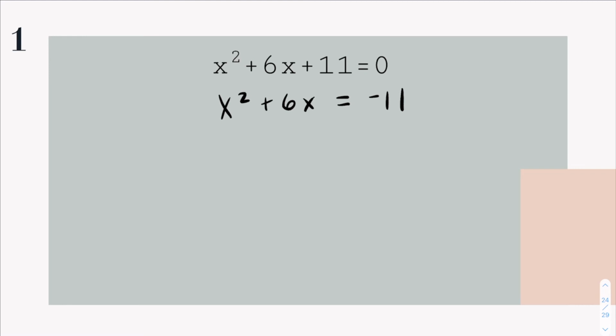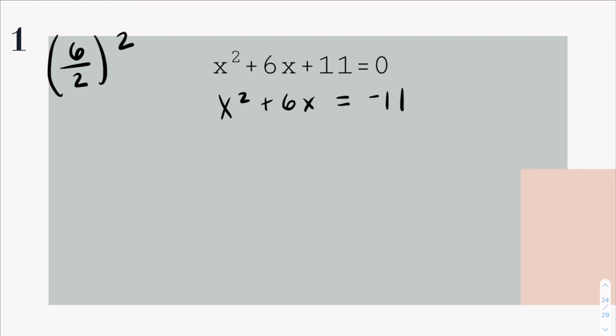Now we're going to begin completing the square. So we are going to take our b value. We're going to divide the b value by 2 and then square that result.